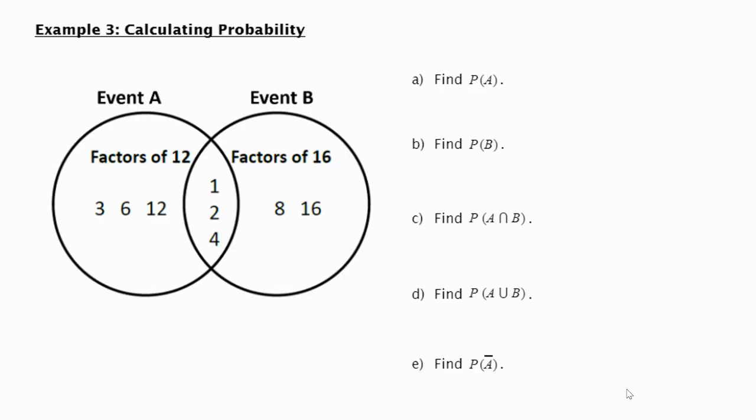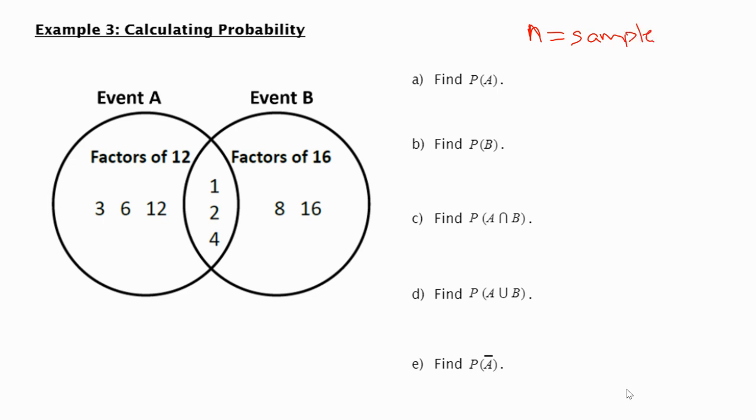In example 3, we're going to use the Venn diagram from the previous U-try to calculate probability. One of the first things we maybe want to do before we start calculating probability of A and B and so forth is know what quantity is being represented in this data. So what is our sample size? A lot of times we refer to that as N. That's our sample size.